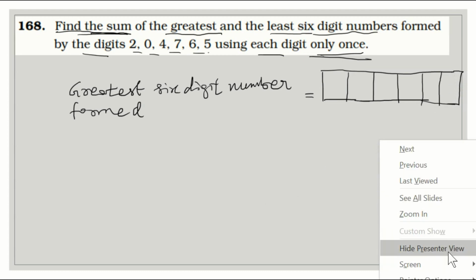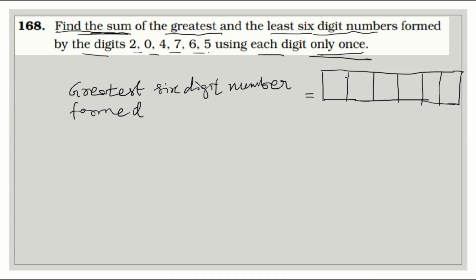Now coming to the digits given, 7 is the biggest, so 7 will come here. 6 is a little smaller than 7, then 5, so 7 occupies the greatest place among the 6 digits.